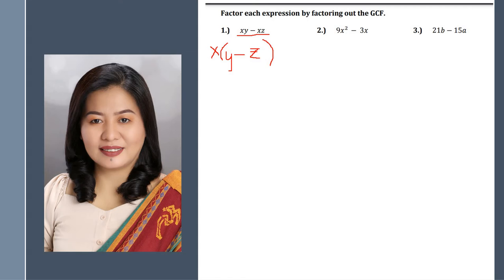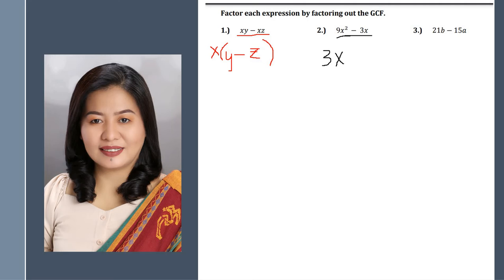So moving on to the next number, we have 9x squared minus 3x. So what is common between 9 and 3? We start first with the numerical coefficient. So 3 is common. How about the literal coefficients? We have x squared and x. When you are going to get the common factor, you get the variable with the least exponent.